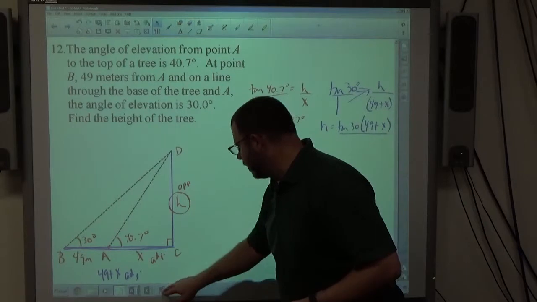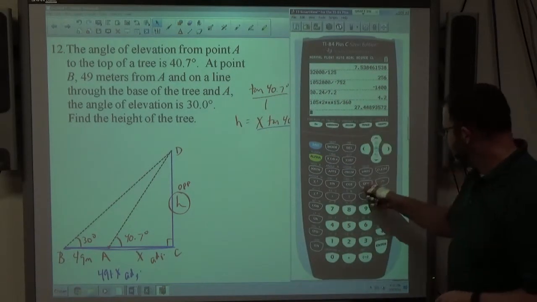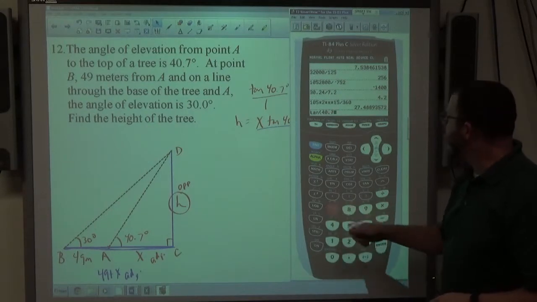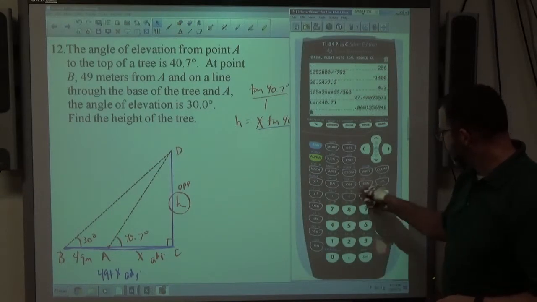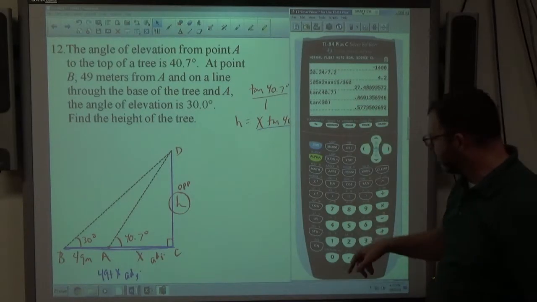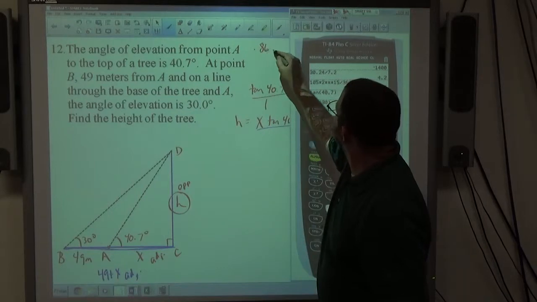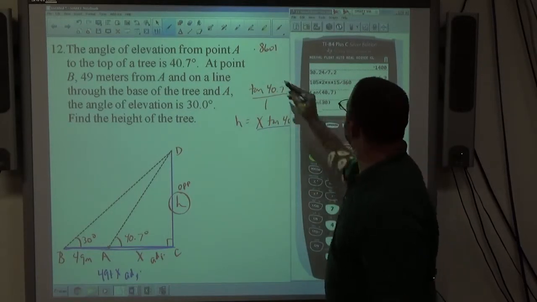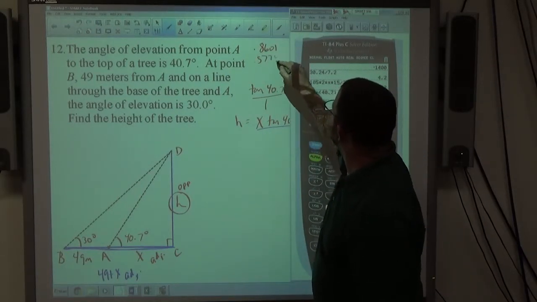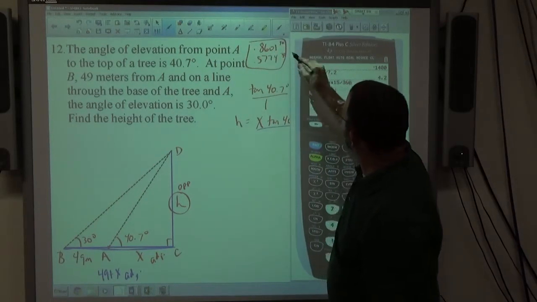My calculator knows what the tangent of 30 and 40.7 are, so if I ask it, and notice I'm in degrees, tangent 40.7 equals 0.8601, and tangent 30 equals 0.5774.